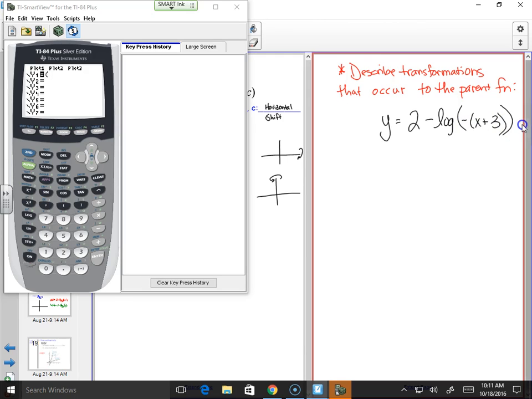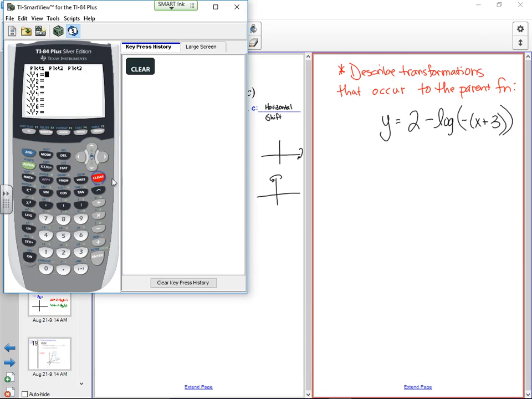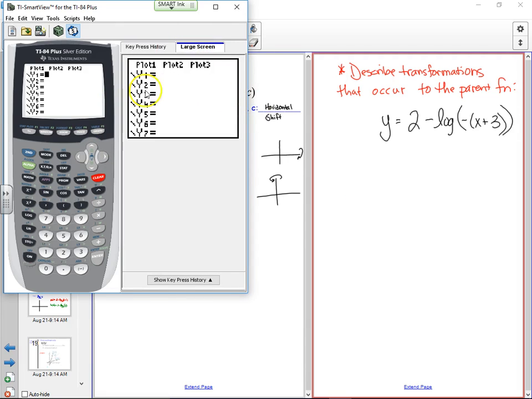Just put it inside. Can we distribute it? Technically you could. It's up to you. 2 minus common log of negative x plus 3.